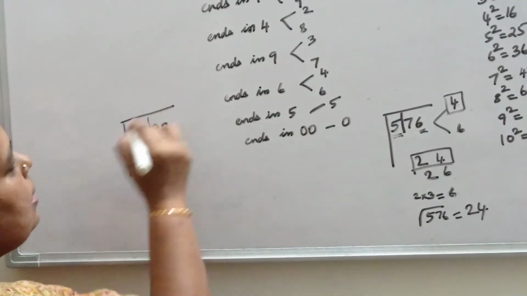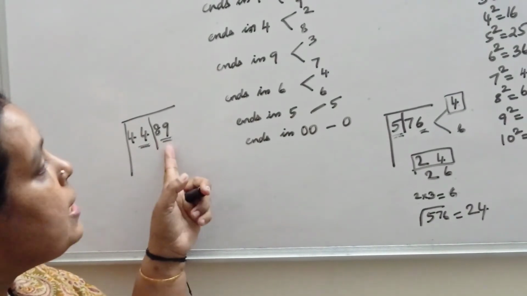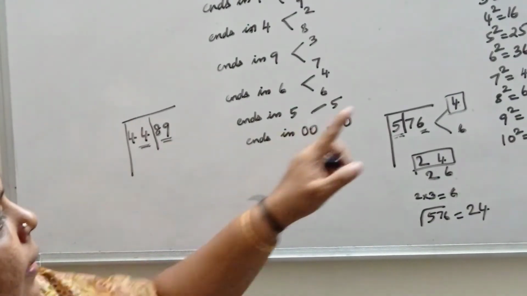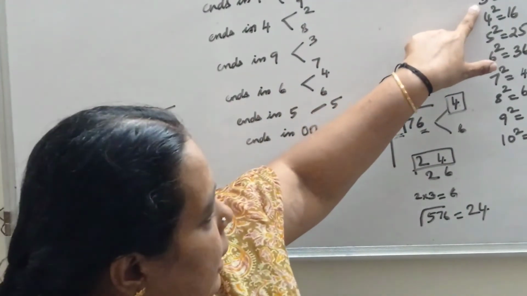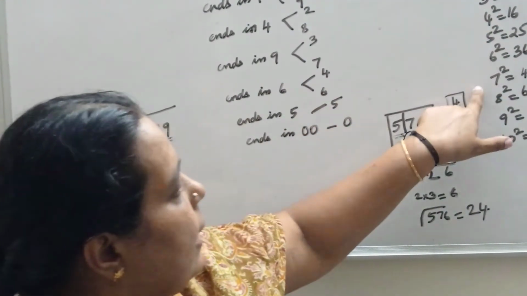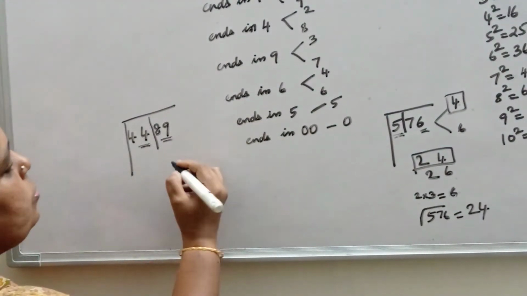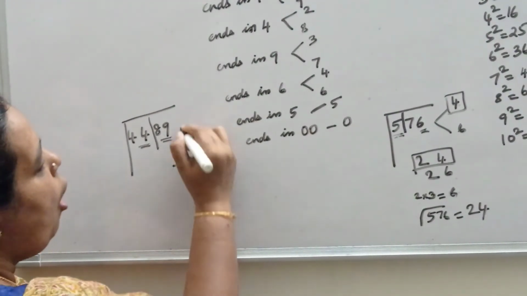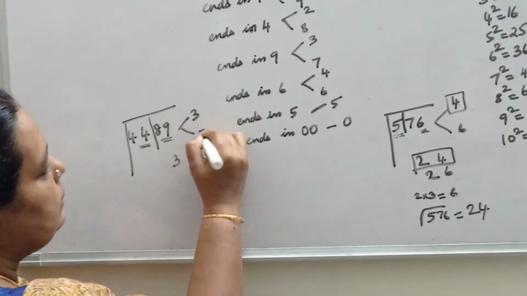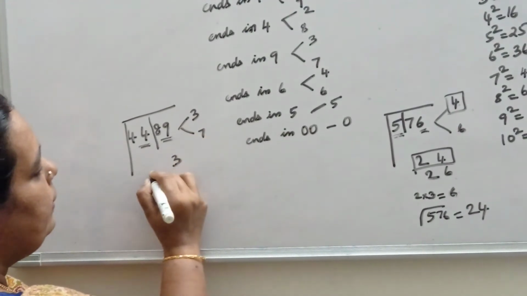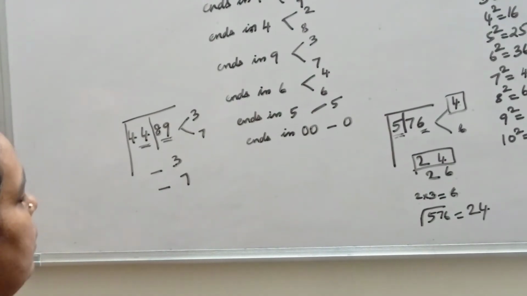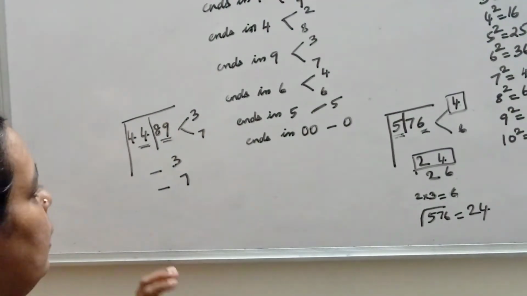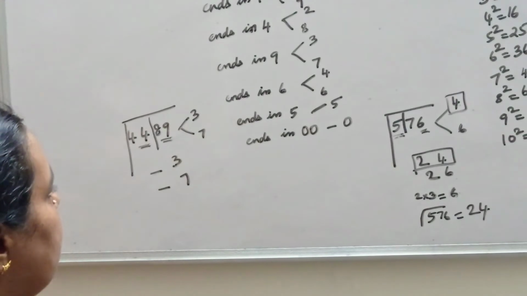As the number is ending in 9, the square root should end in either 3 or 7. So dash 3 and dash 7.